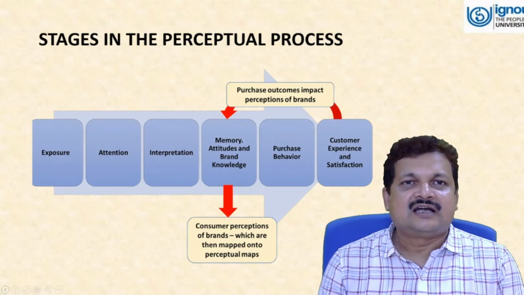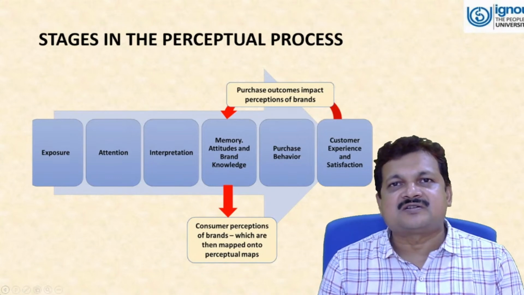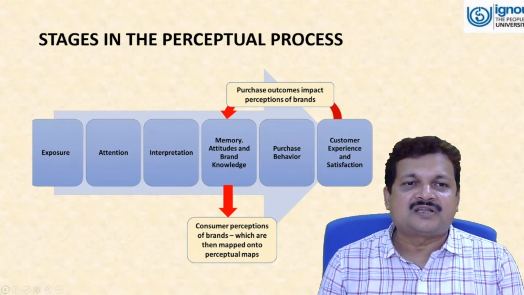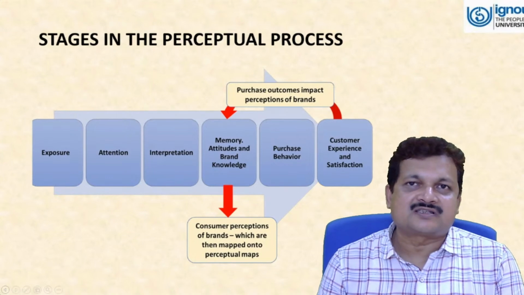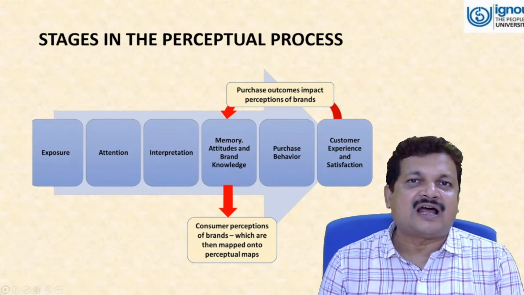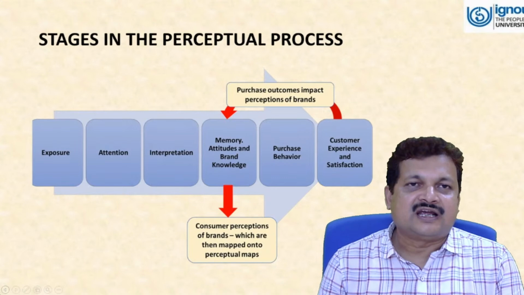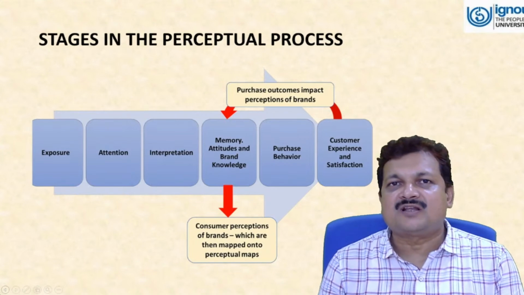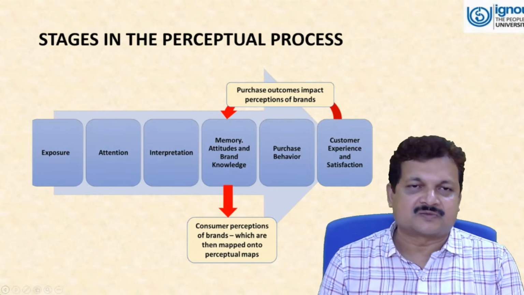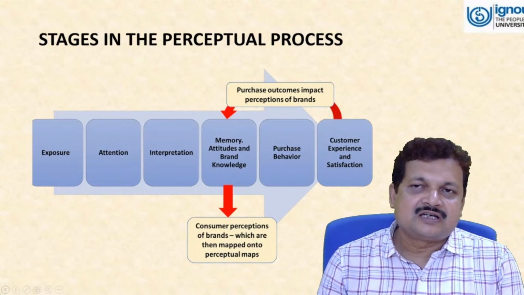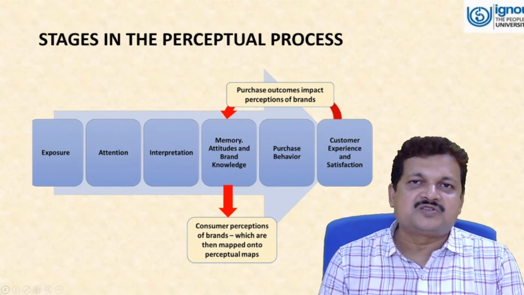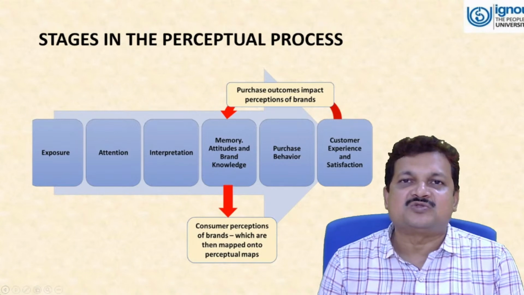One thing is whether it is capturing your attention or not. There are two kinds: attention controlled by the sources, and, if attention is not controlled by the sources, selective attention. In selective attention, the consumer thinks about what he is interested to see.